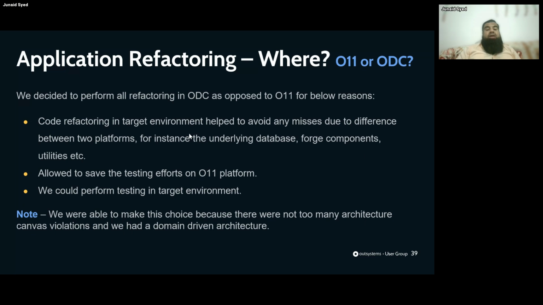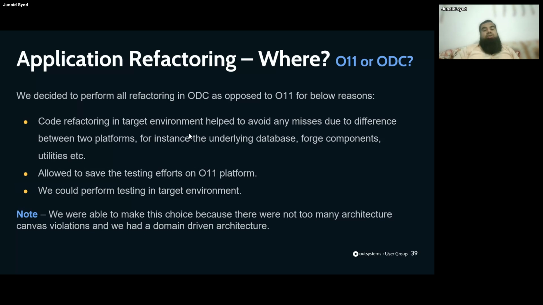Then when I move to ODC, I have to perform that testing again in ODC to make sure the things are working, and I have to do some adjustments anyways because Forge components would change, the underlying database would change, my SQL queries would change, so the dependencies would change. So I would have to do another set of refactoring in ODC and then perform testing again.